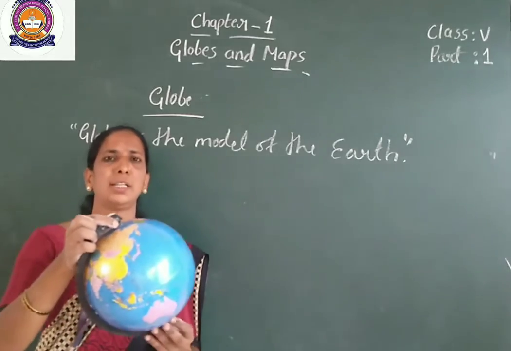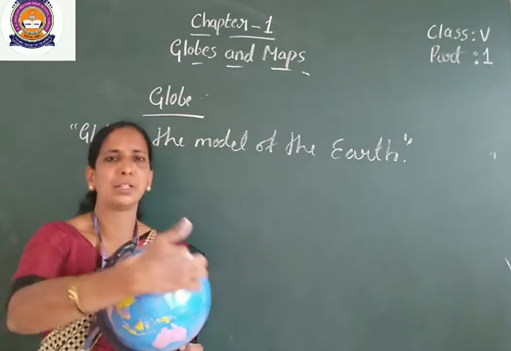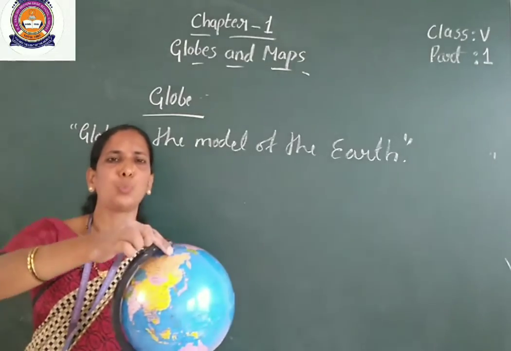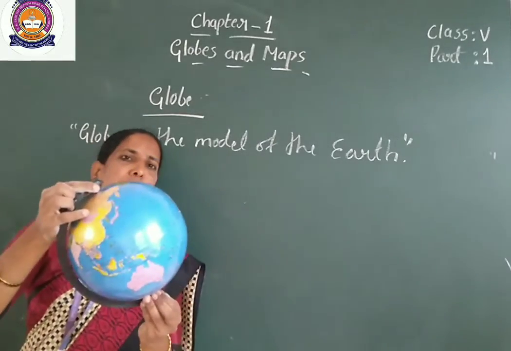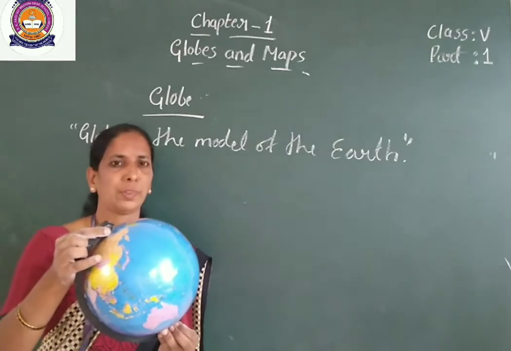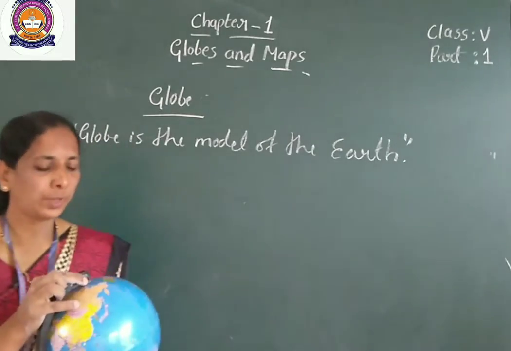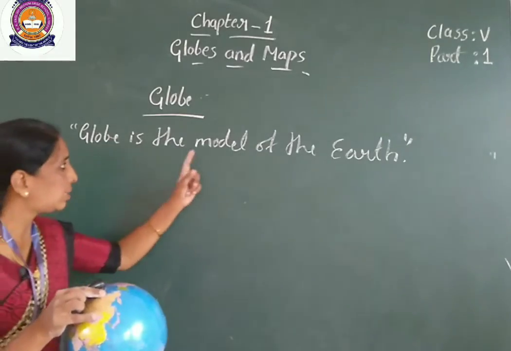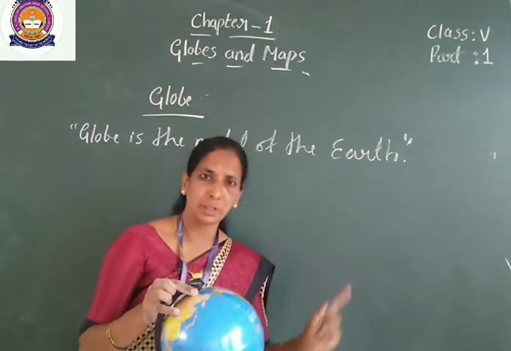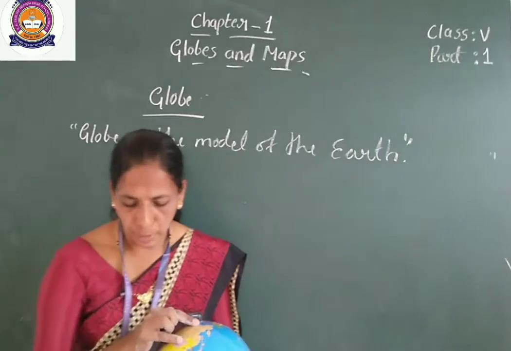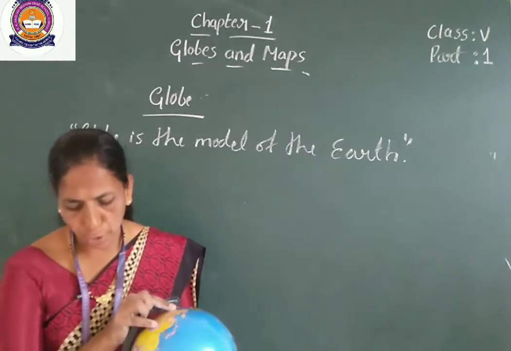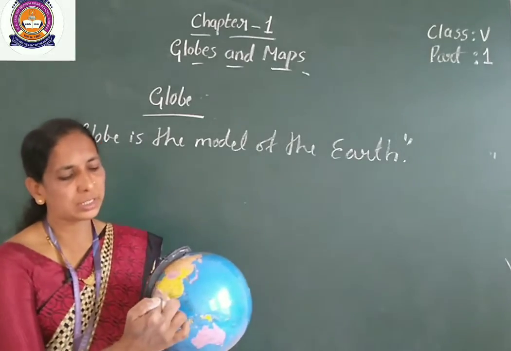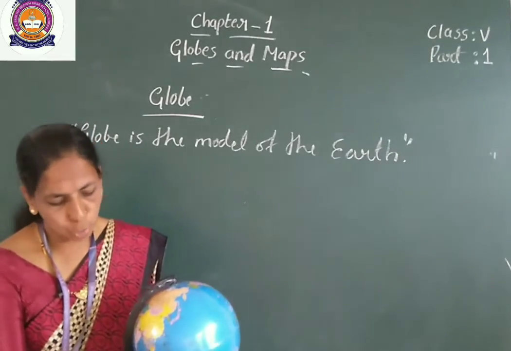It is also slightly flattened. The top part is the North Pole, and the South Pole is marked as well. And this is the globe. A globe is a model of the earth, and different colors are denoted on it.